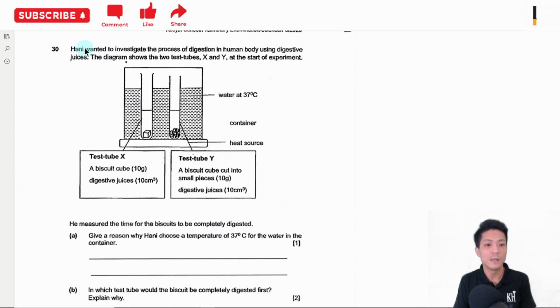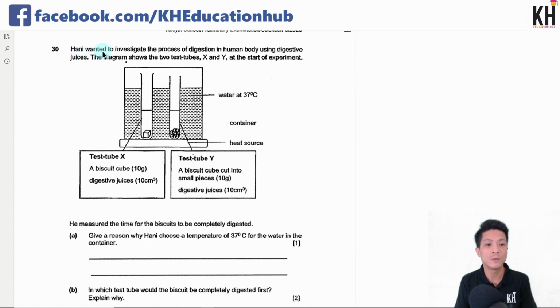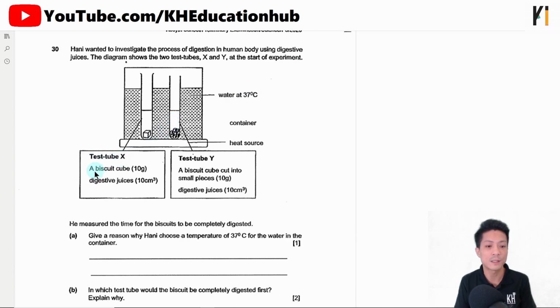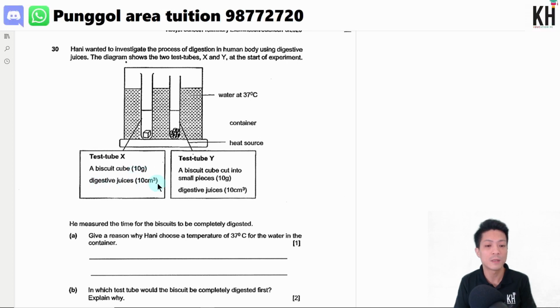Question 30. Penny wanted to investigate the process of digestion in human body using digestive juices. Diagram shows the two test tubes X and Y at the start of the experiment. Test tube X has got a biscuit cube 10 gram, digestive juice 10 cubic cm.